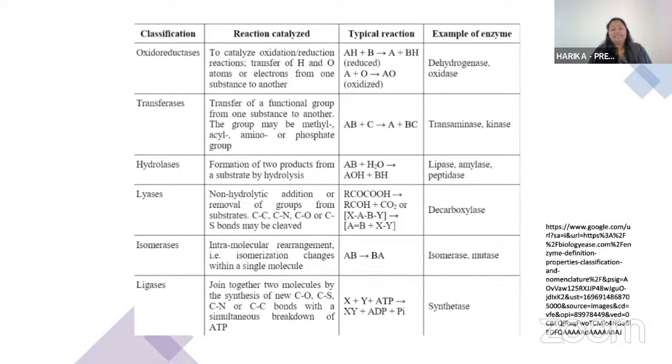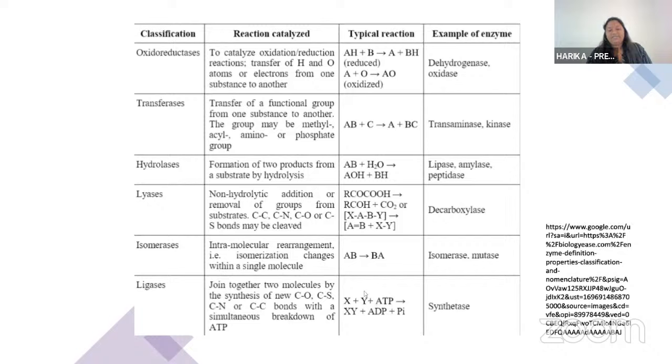Ligases means ligase. They combine molecules. They join two molecules by forming a carbon to oxygen, carbon to sulfur, carbon to nitrogen, or carbon to carbon bond, and they do a simultaneous breakdown of ATP.